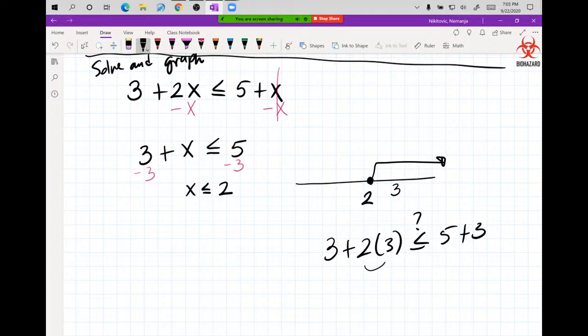And that should be smaller than 5 plus 3, which is? 8. Is 9 smaller than 8? No. Which means we can't do it. Can't go to the right. Graph should go to the left.